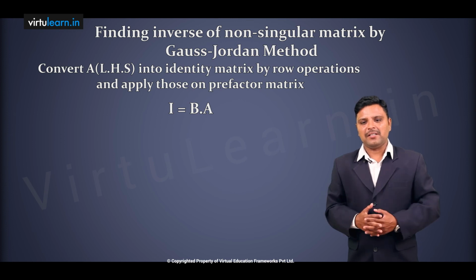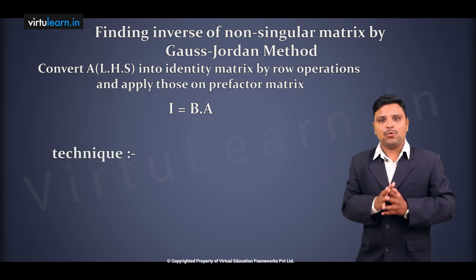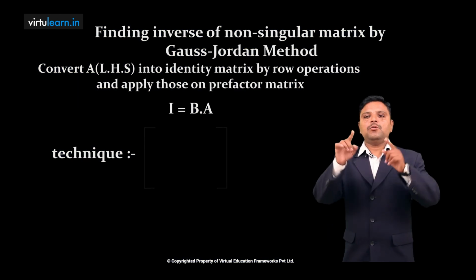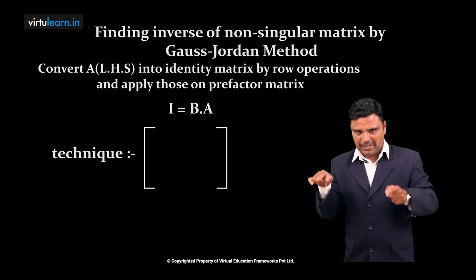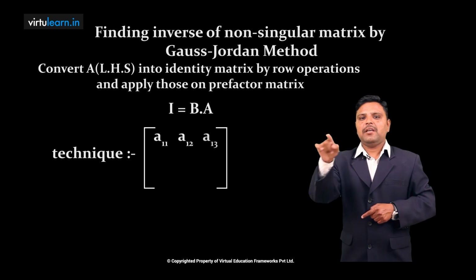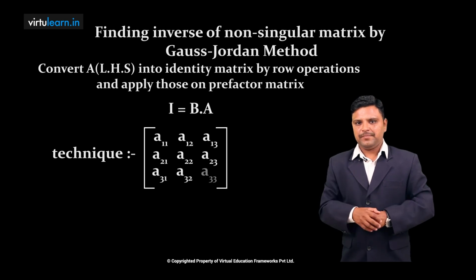You write that answer. Now, how to apply these row operations, the technique: once again, I am explaining. Take that 3 by 3 matrix, the LHS side: A11, A12, A13; A21, A22, A23; third row A31, A32, A33.